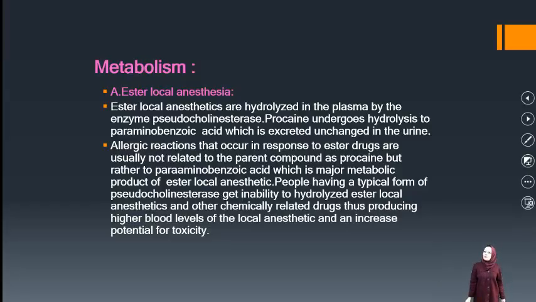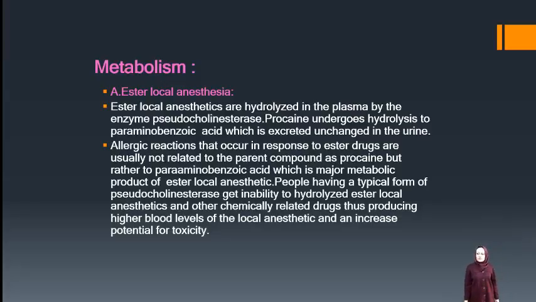Then we come to metabolism. A, ester local anesthetics. Ester local anesthetics are hydrolyzed in the plasma by the enzyme pseudocholinesterase. Procaine undergoes hydrolysis to para-aminobenzoic acid, which is excreted unchanged in the urine.